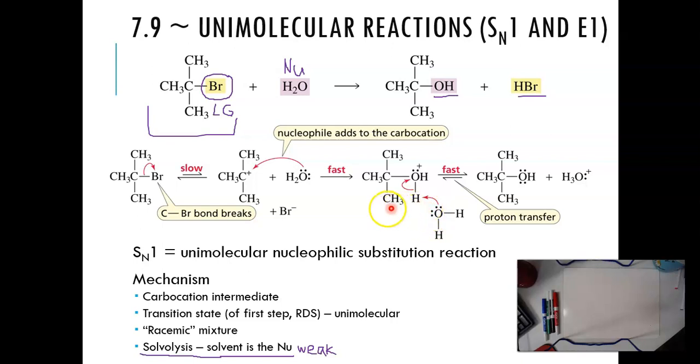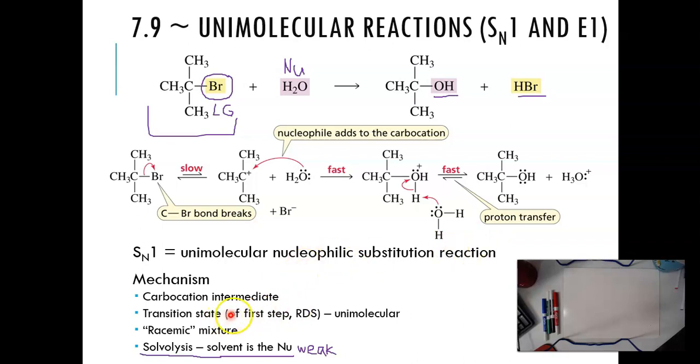It just depends on if we have a neutral nucleophile or not. So neutral nucleophile becomes positively charged once it makes that bond. And so then we're just using more of that solvent to bond to that hydrogen and put the lone pairs back on that oxygen. We end up with a neutral oxygen. So we have a loss of a leaving group, nucleophilic attack, proton transfer.